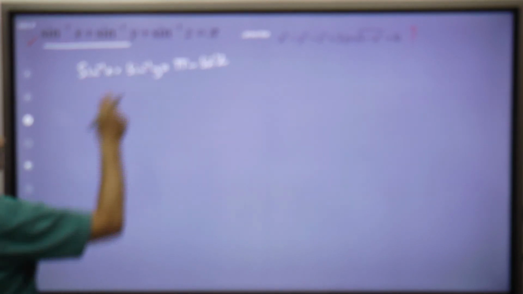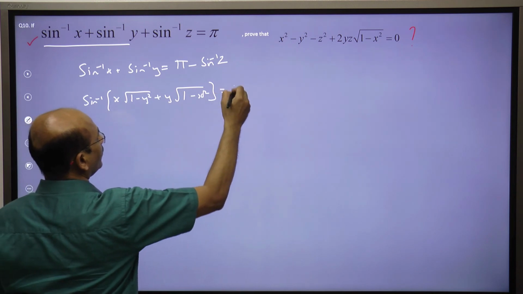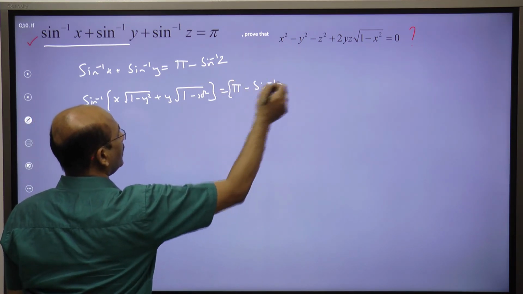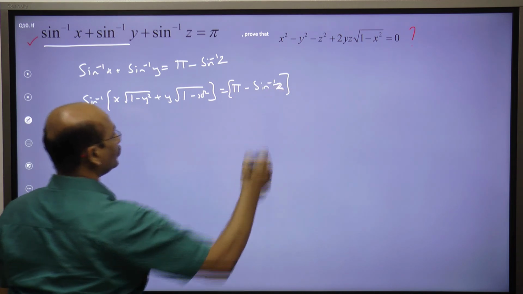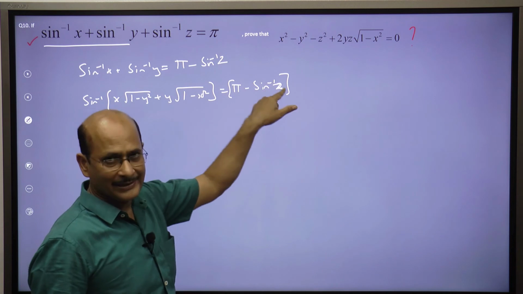Now sine inverse x plus sine inverse y, I can say this is nothing but sine inverse of x root 1 minus y square plus y root 1 minus x square is equal to pi minus sine inverse z. I want to remind you, remember any inverse ratio is an angle, so it is pi minus theta.